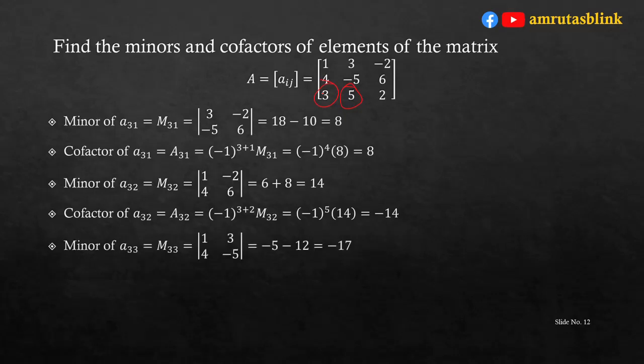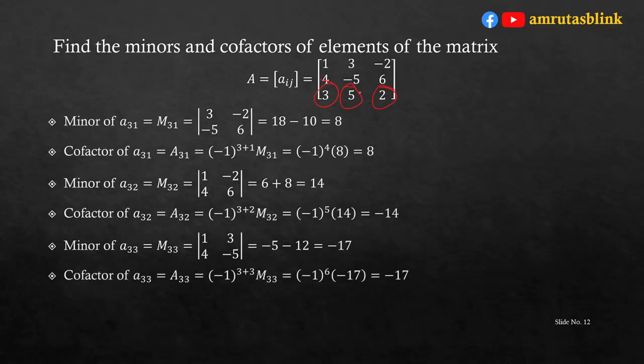And the last element is A33. So, the minor of element A33 is equal to the determinant 1, 3, 4 and minus 5, which is equal to 1 into minus 5 is minus 5, minus 4 into 3 is minus 12, hence minus 5 minus 12 is equal to minus 17.